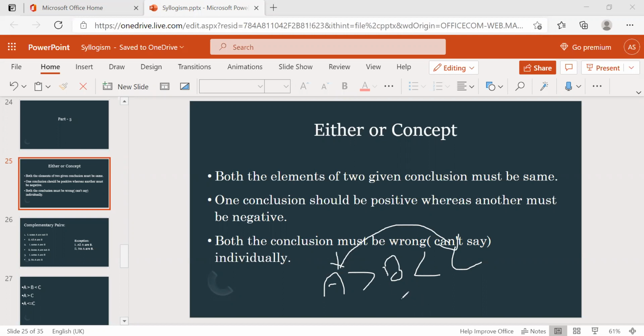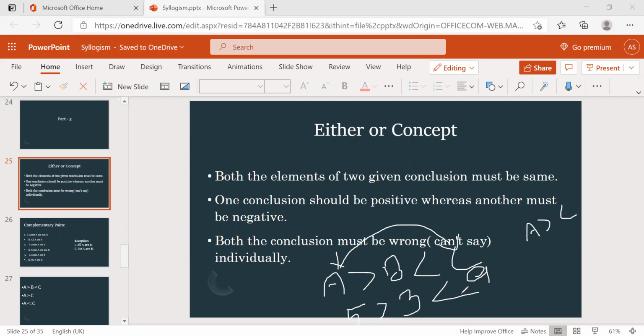Why? I'll take the example. B is 3, A is 5, C is 9. Then this condition is satisfied: A is greater than B, B is less than C, but A cannot be greater than C. So we cannot say it is wrong; we cannot say.